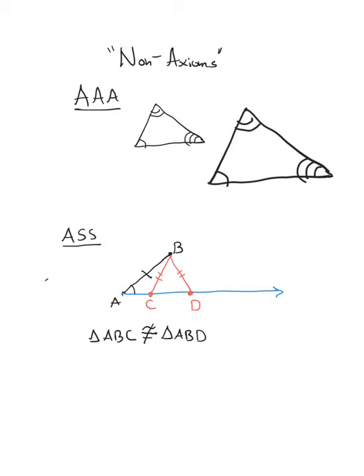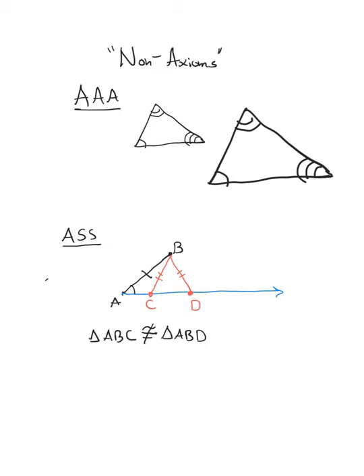So you have two triangles that share one angle and two sides, but obviously aren't the same triangle. Triangle ABC is an obtuse triangle. This angle here is obviously bigger than 90 degrees, whereas ABD is an acute triangle. No angle is bigger than 90 degrees.